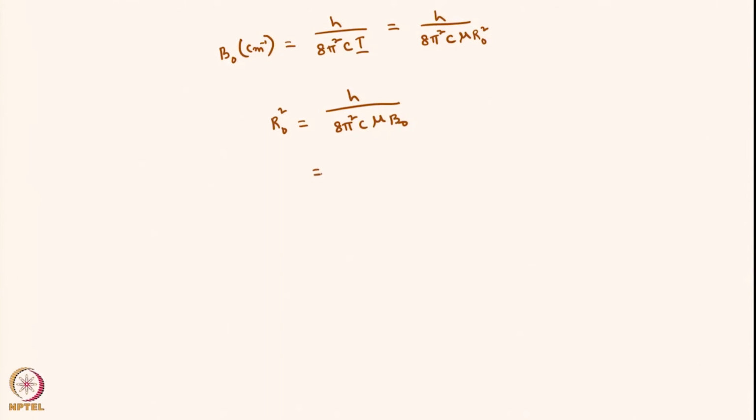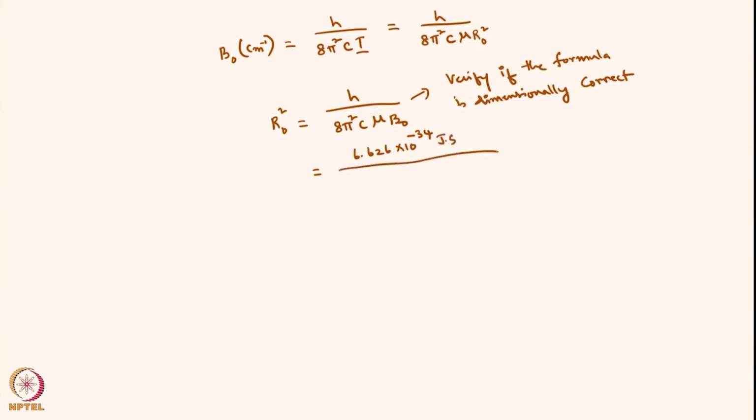Now, h is 6.626 times 10 to the power minus 34 joule second. You can verify if the formula is dimensionally correct. 6.626 times 10 to the power minus 34 is the value of h in joule second, is it not?